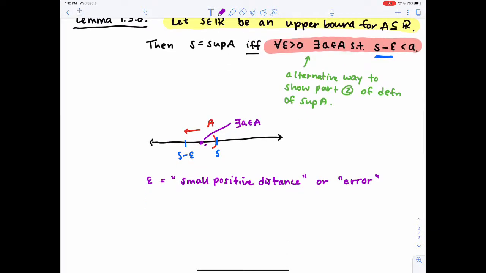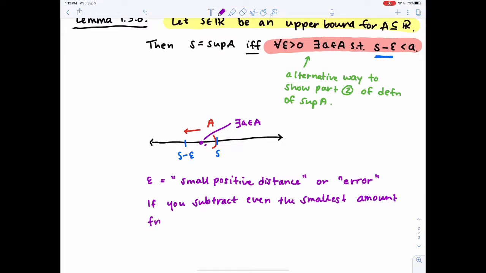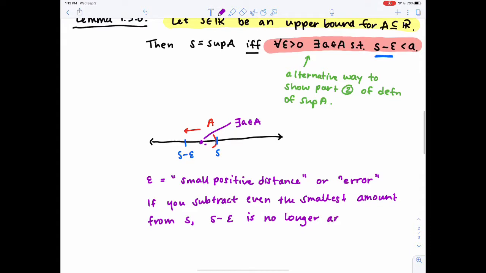So if you subtract even the smallest amount from S, S minus epsilon is no longer an upper bound for A, is what we're saying.